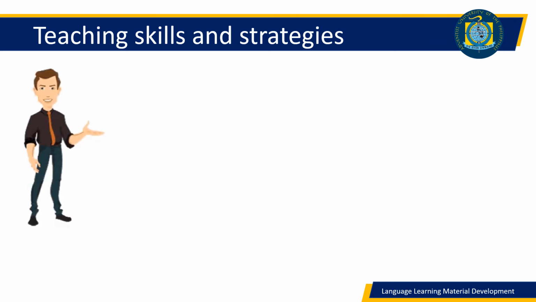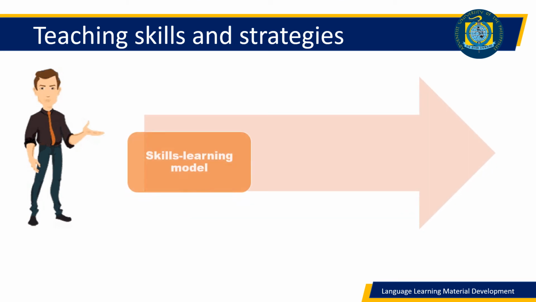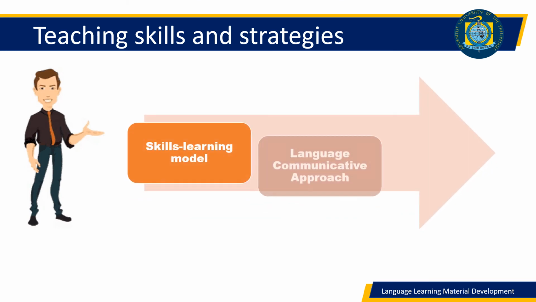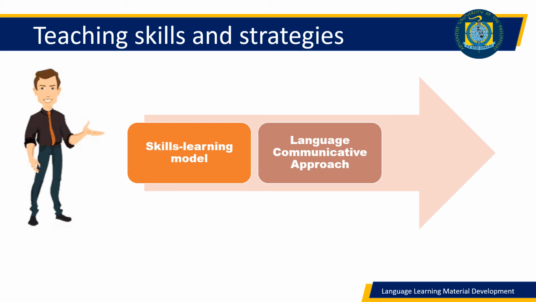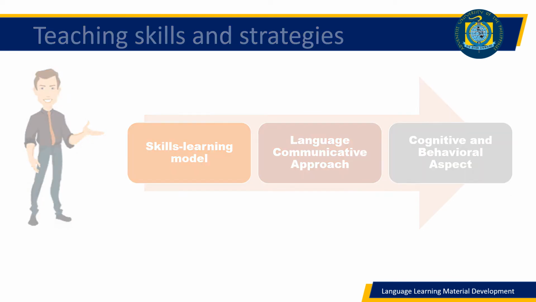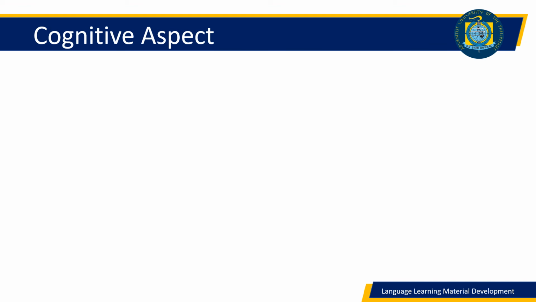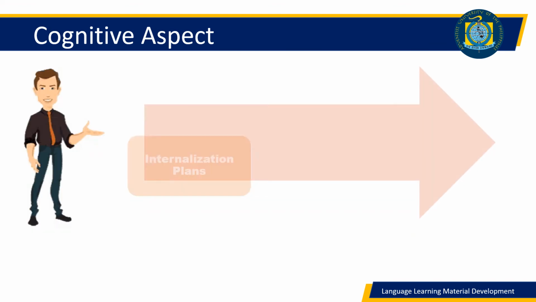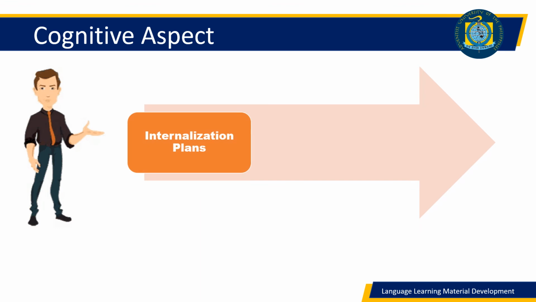Also, Littlewood proposed a skill learning model, which he claims to be compatible with the communicative language approach, which had both a cognitive and behavioral aspect. The cognitive aspect involves the internalization of plans for creating appropriate behavior.